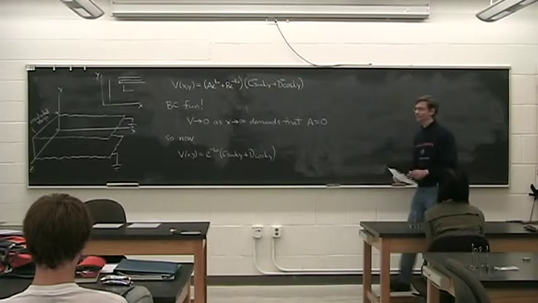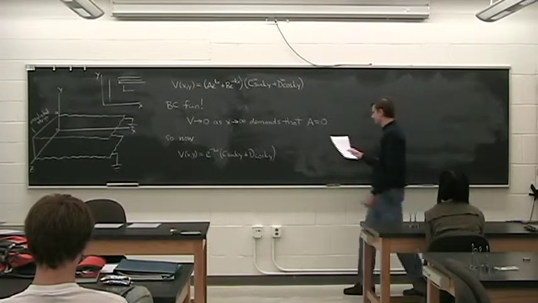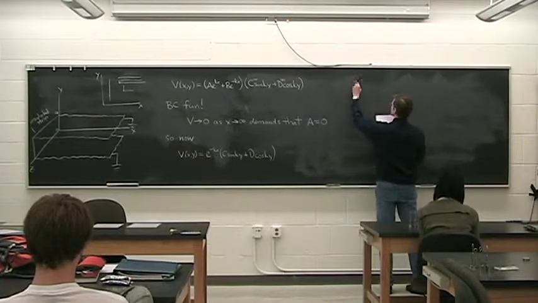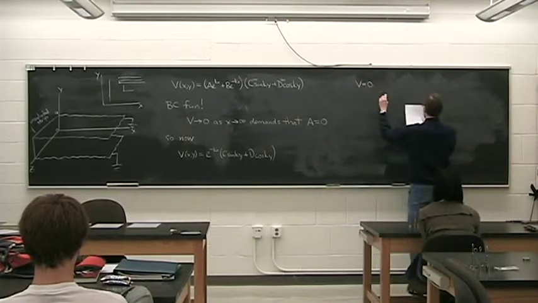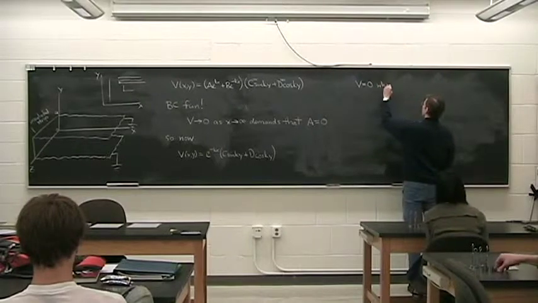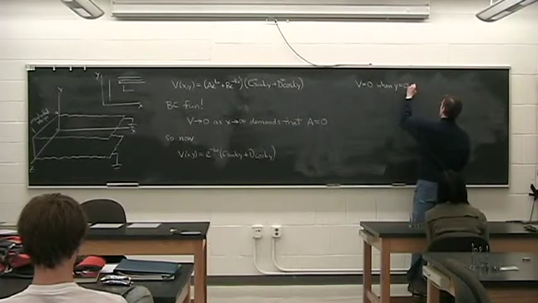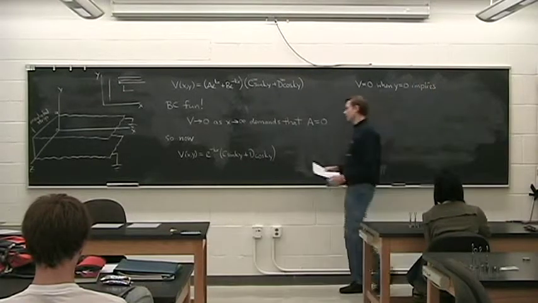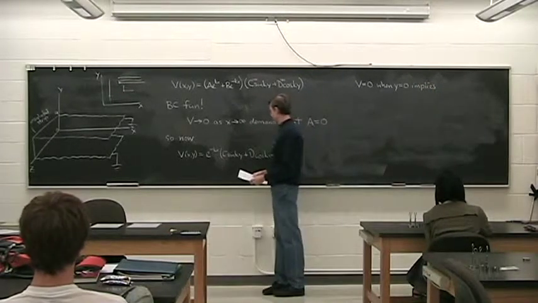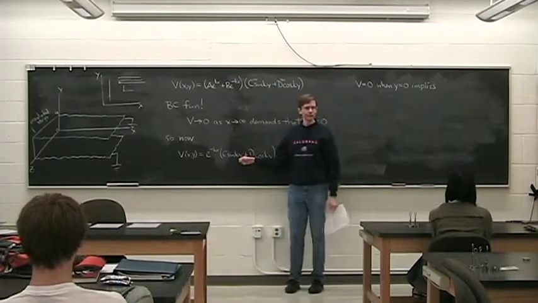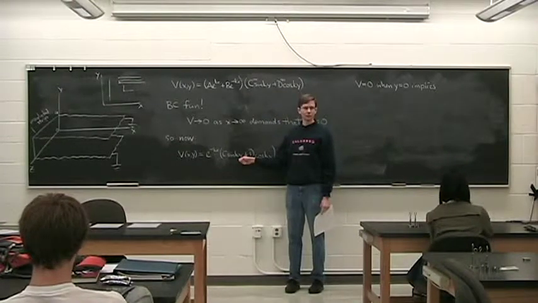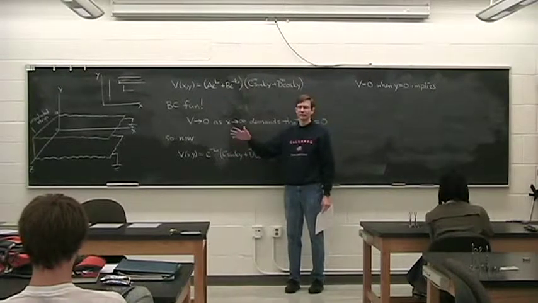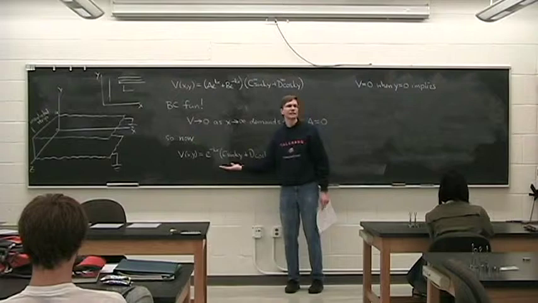Okay, so now we've got more BCs to apply. V has to be 0 when y equals 0. All right. Well, let's see. Sine k0 is 0. No information there, because that just gives 0, and so that's not harming, but it's not telling us anything about c.